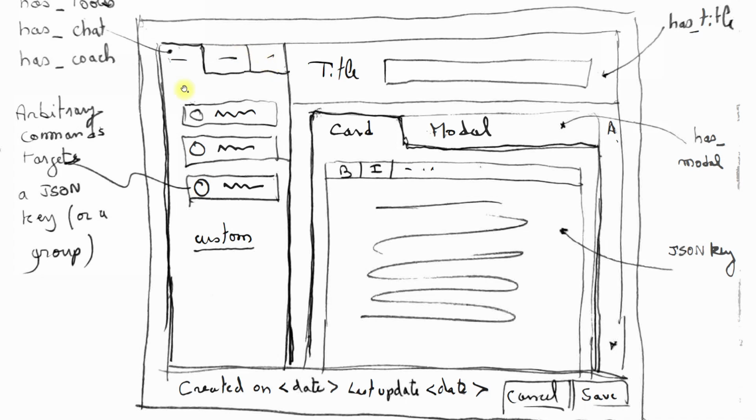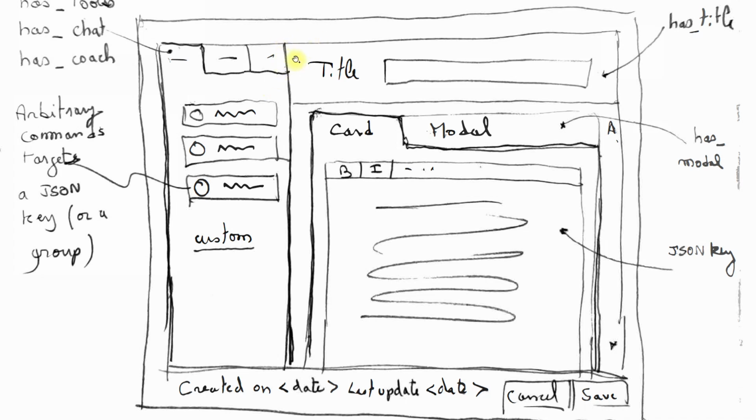On this part of the configuration, I'm also thinking that this is part of the template. So has tools, has chat, has coach is the display of the tabs. I've been thinking we could even have a fourth tab later, something that Ibrahim was talking about: the history, the versioning.